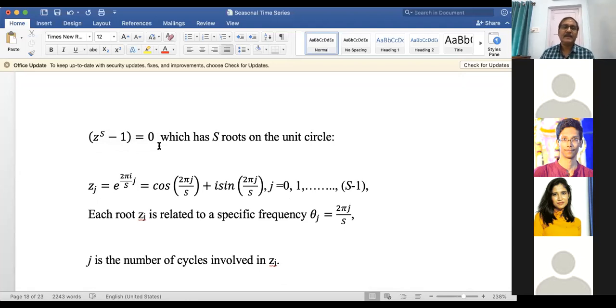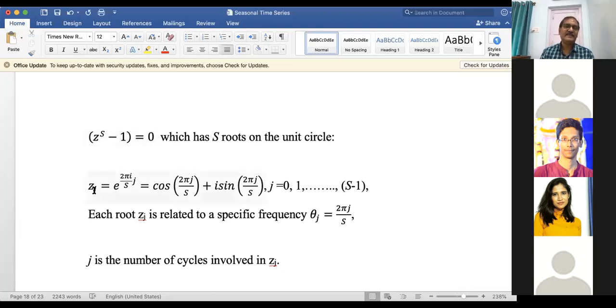And if the characteristic roots lie on the unit circle, we can say there is the presence of a unit root, by using our earlier concepts. But what is important here is how to solve this equation. We solve this equation by following a trick taken from numerical analysis.